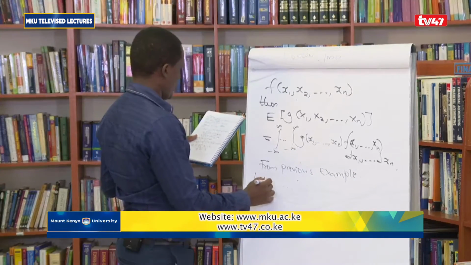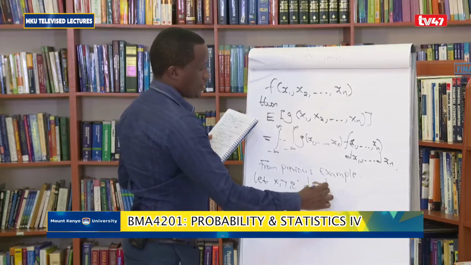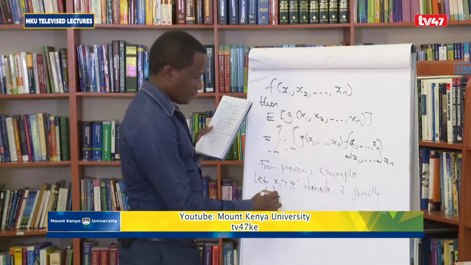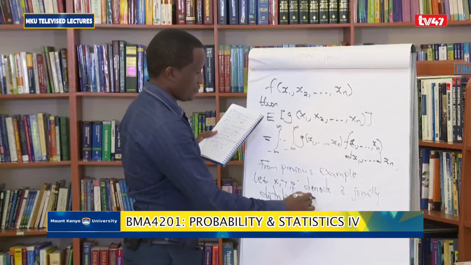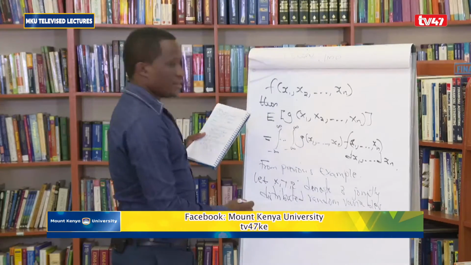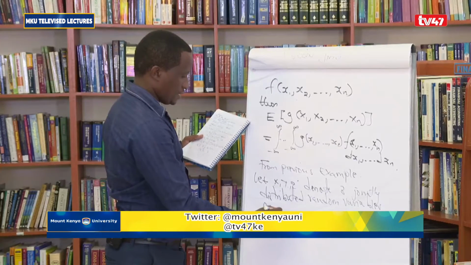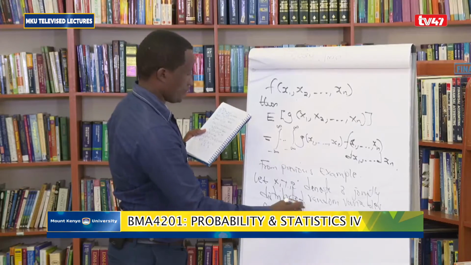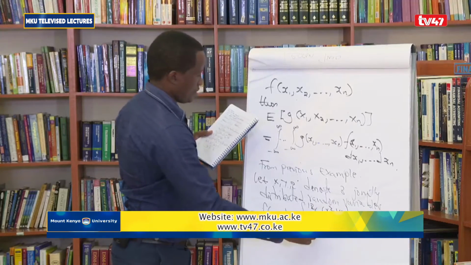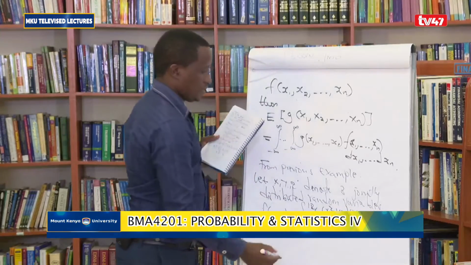Let x, y, z denote 3 jointly distributed random variables with joint density function f of x, y, z equals 12 over 7 times x squared plus yz for x, y, z in the unit interval, and it's 0 elsewhere.